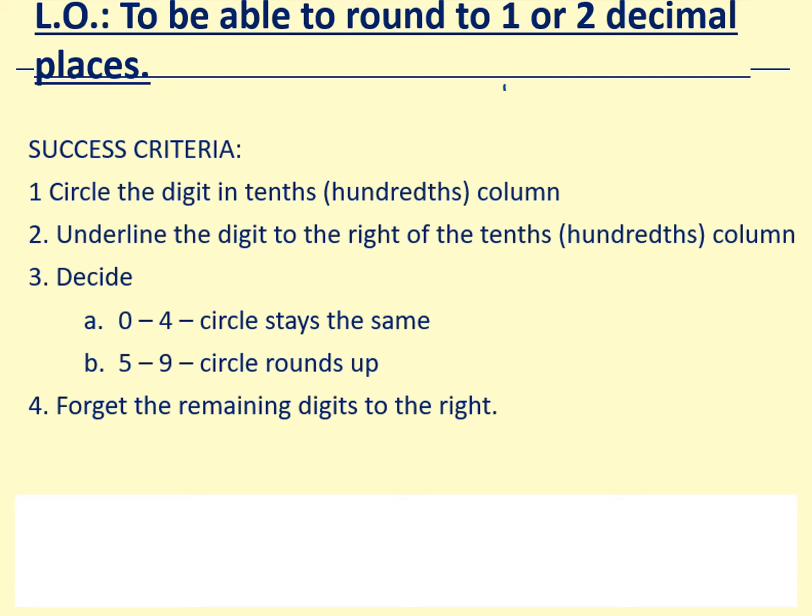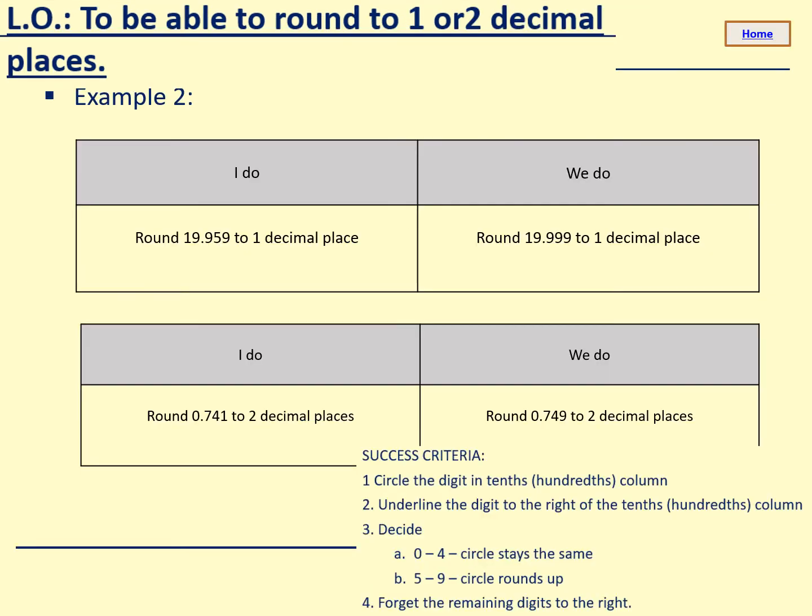Underline the digit to the right of the tenths or hundredths column and decide: if it's 0, 1, 2, 3 or 4, the digit in the circle stays the same. If it's 5 or up, so 5, 6, 7, 8 or 9, the circled digit rounds up, so we add 1 to it. Forget the remaining digits, so we don't write anything afterwards.